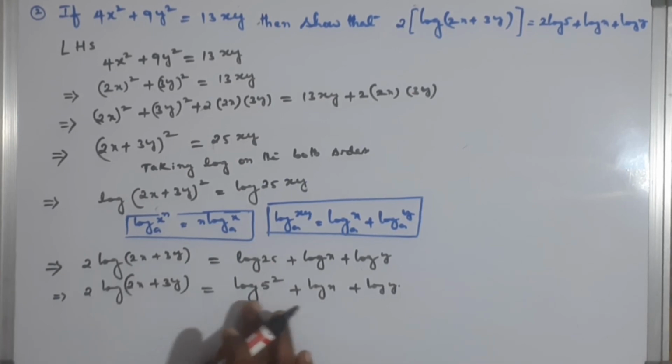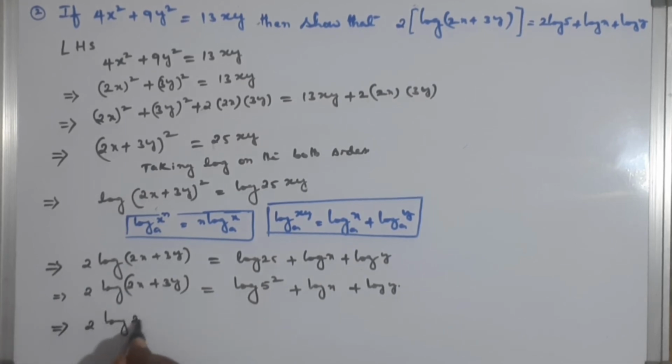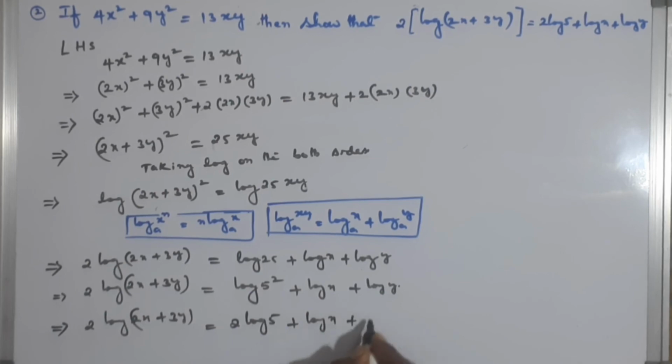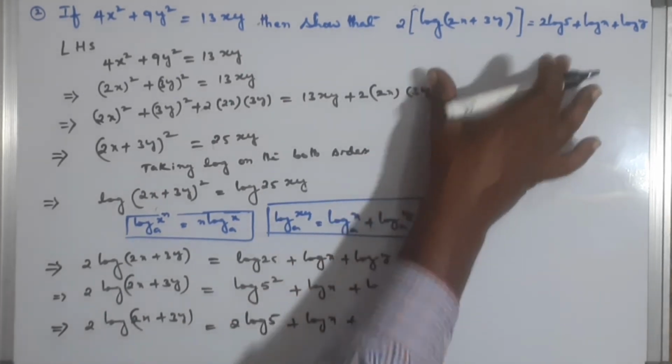Similarly, log 5 square I will write 2 into log 5. So last step is 2 of log (2x plus 3y), which equals 2 into log 5 plus log x plus log y. So which equals RHS.